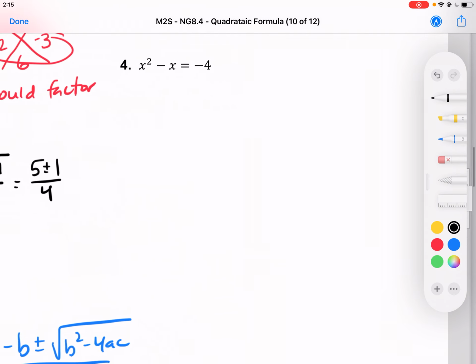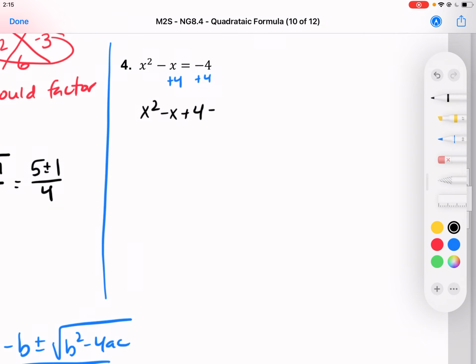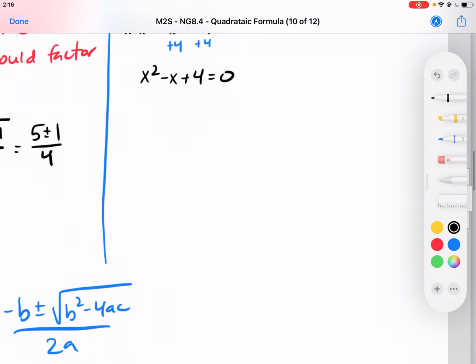Okay, let's go ahead and do another one for this video. So we're going to go ahead and add 4, because remember we have to get it equal to 0. So we have x squared minus x plus 4 equals 0. Now your a is going to be 1, your b is negative 1, and c is 4.